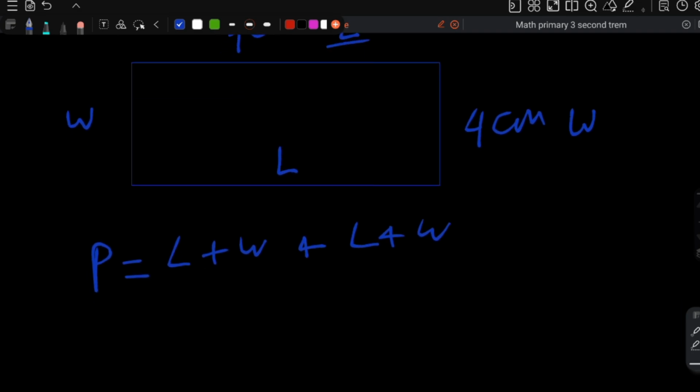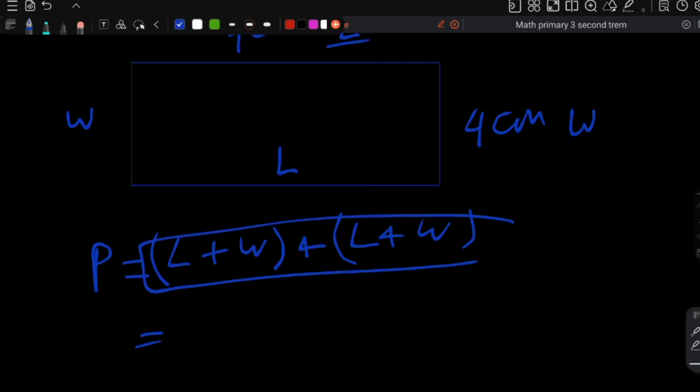Do you notice something? Length plus width, length plus width. It's repeated twice, so I can put length plus width times 2, because it's a repeated addition.